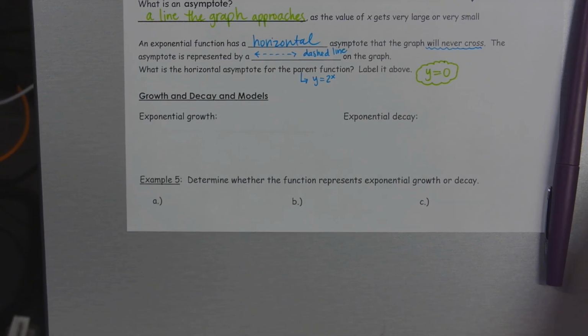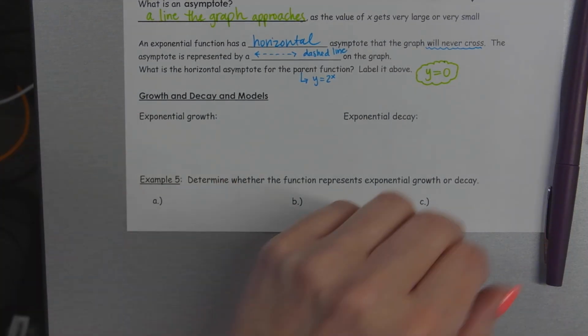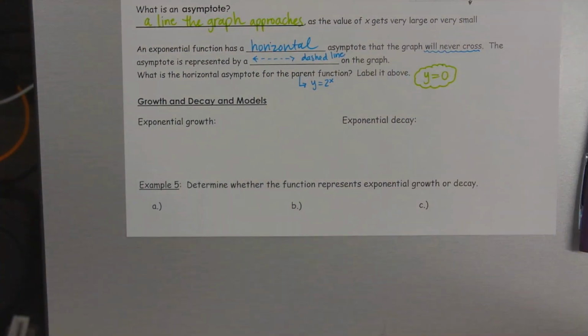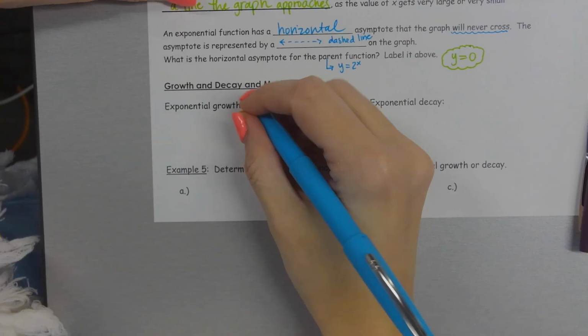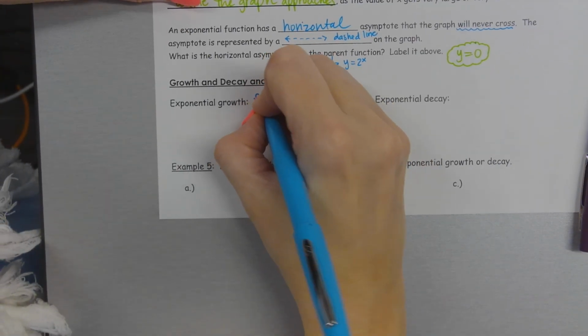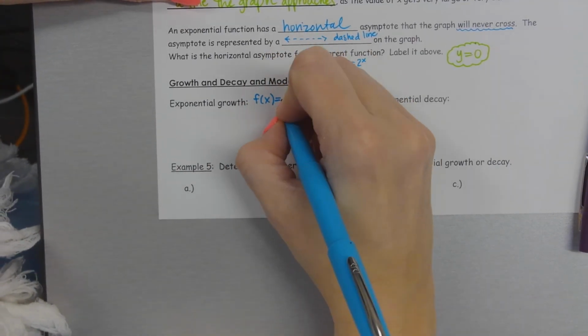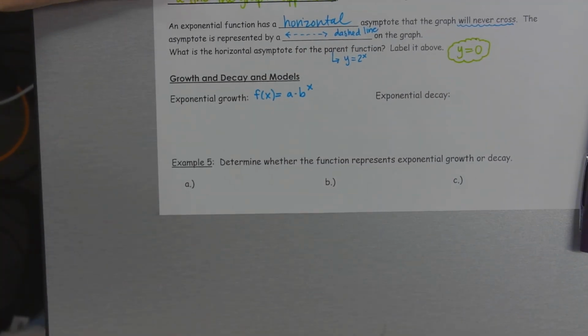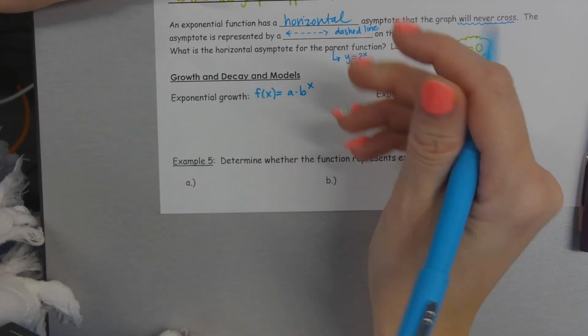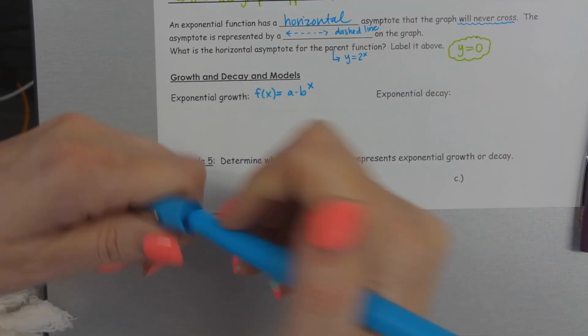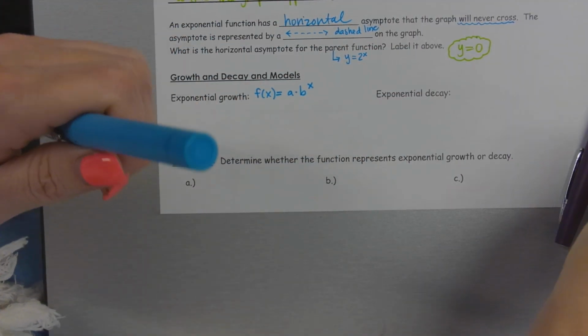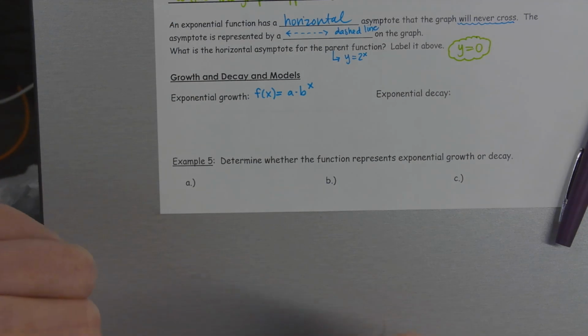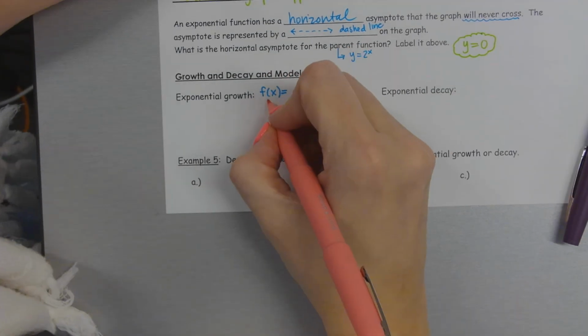Alright, so with our growth and decay models, we can see if the function is approaching a very large positive value or a very large negative value. So if you have exponential growth, this means that your base value is going to be greater than 1. Okay, and it's really the absolute value of it. Like if it's a negative, it doesn't count.